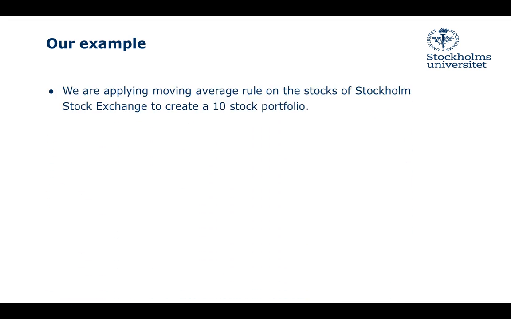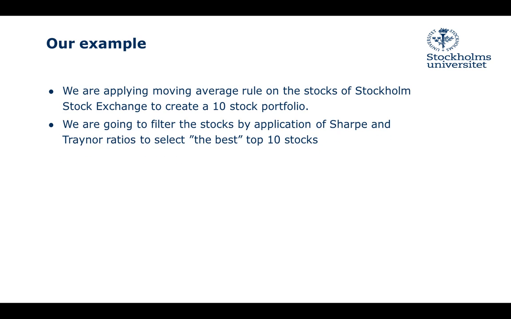So let's apply this on our example. We want it to be applied on all the stocks we have from Stockholm Stock Exchange, and we would like to create a 10 stock portfolio. Well, sometimes moving average can give us more stocks than 10, as we have seen before. So we will apply Sharpe ratio and Treynor ratio to get the top 10 stocks. Well, it sounds like a big thing to do, doesn't it?